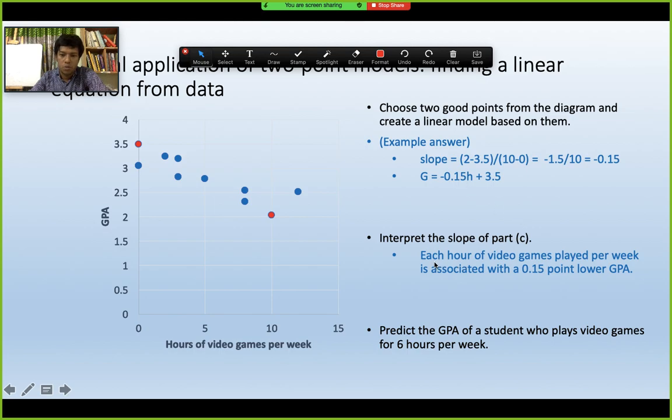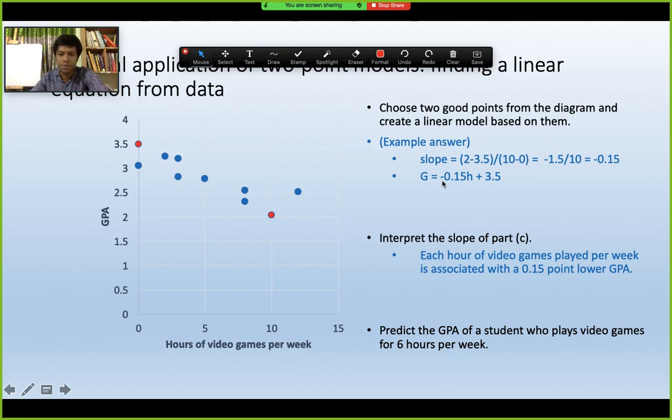Okay, so this is written here: each hour of video games played per week is associated with a 0.15 point lower GPA.